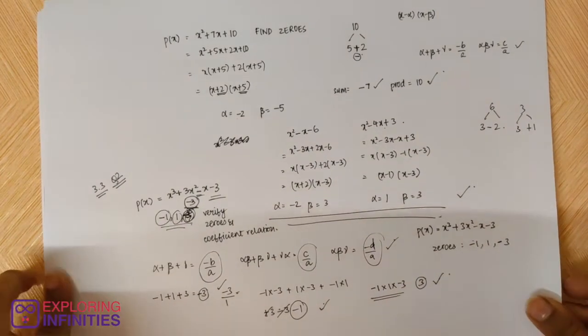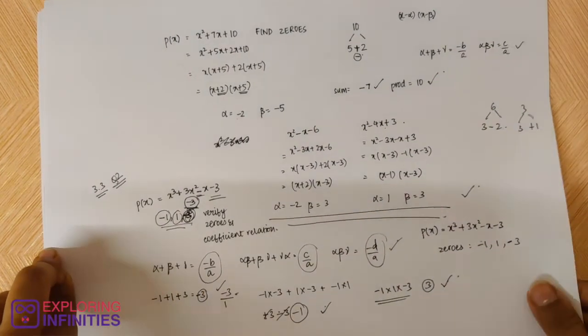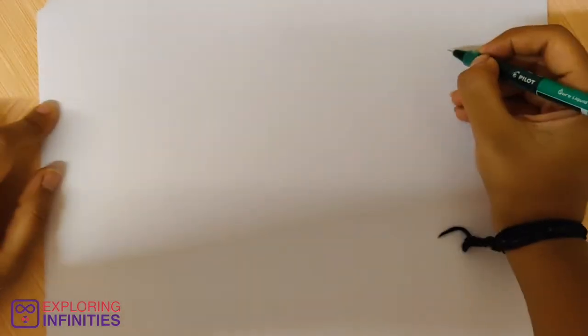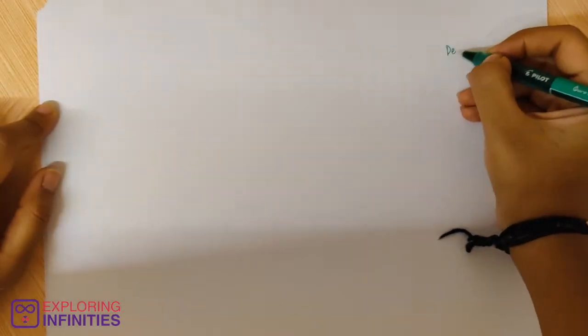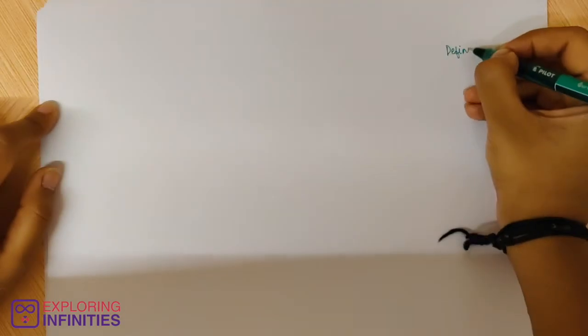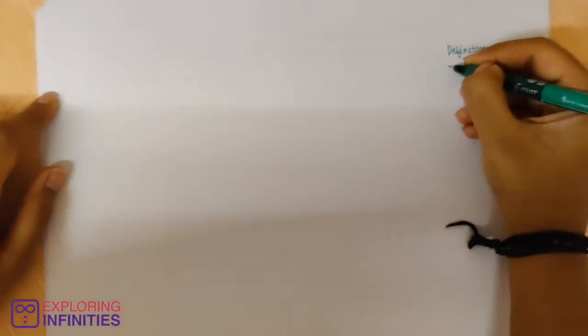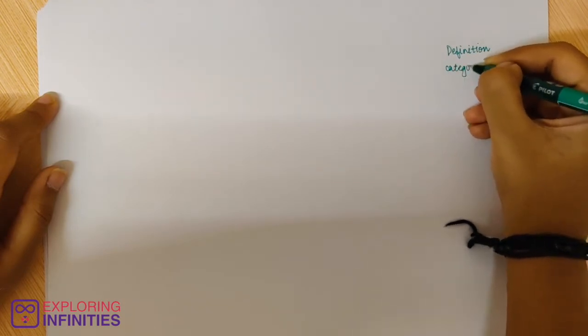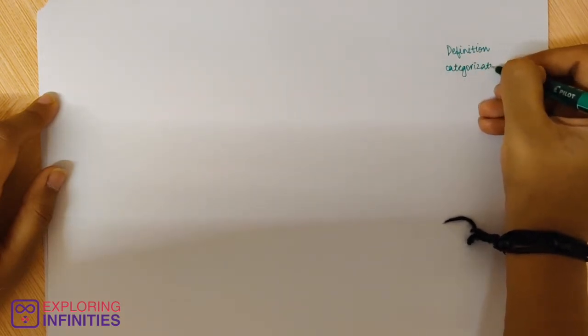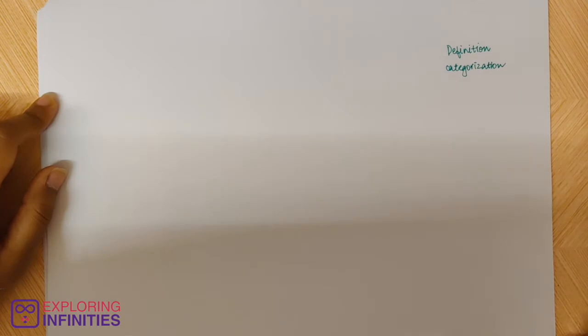Okay, so now let's move on to the next topic. But before moving on, let's just talk about what all we discussed till now. Okay, so we've discussed about definition of a polynomial, and we discussed about categorization, like to categorize if it is a polynomial or not.